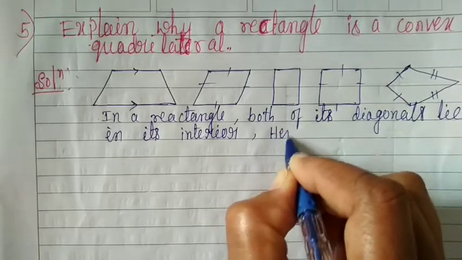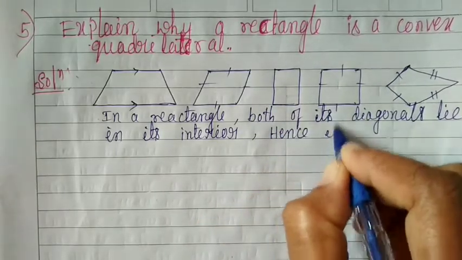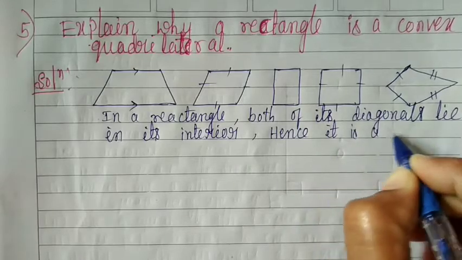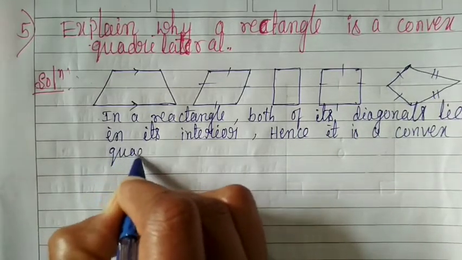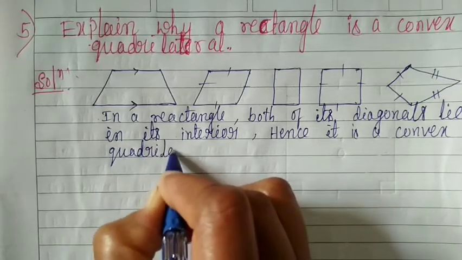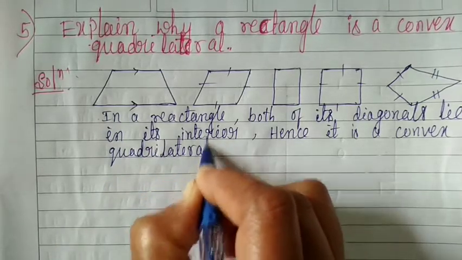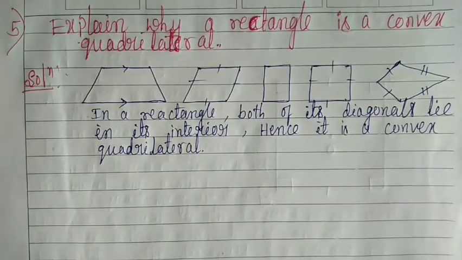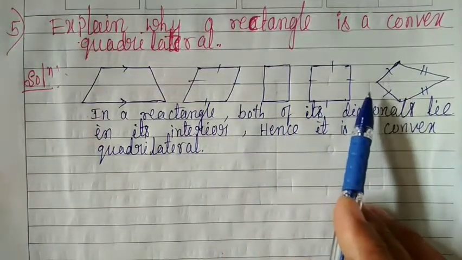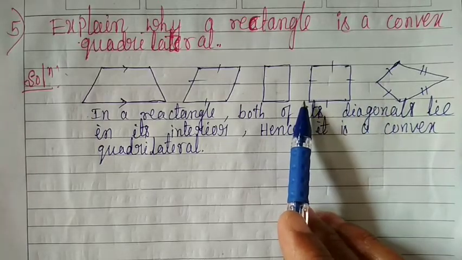Hence, it is a convex quadrilateral. Children, once again I explain to you. Look at these figures. Yes, a rectangle is a convex quadrilateral.